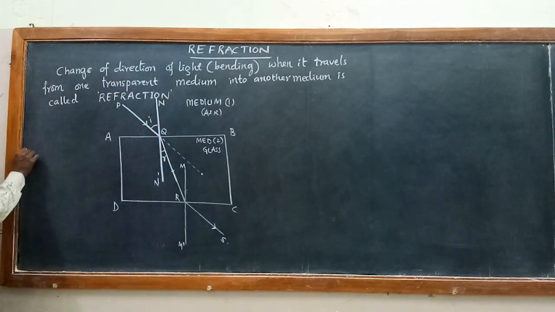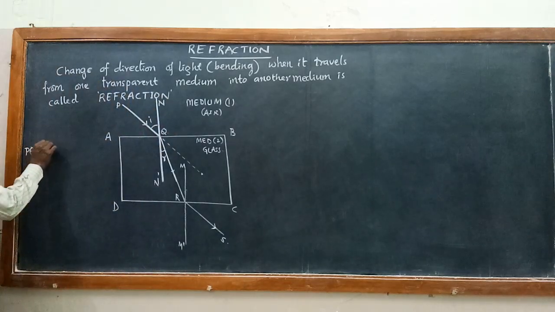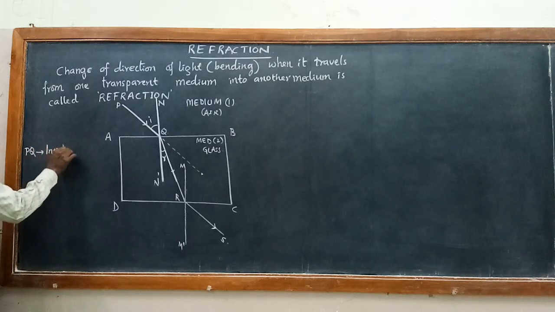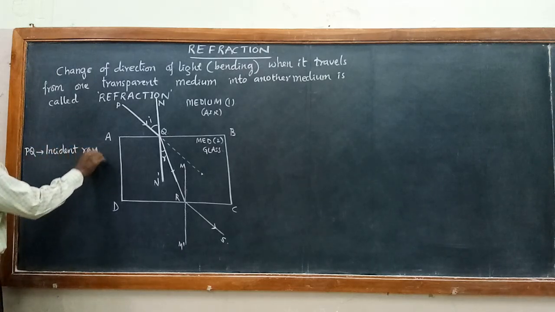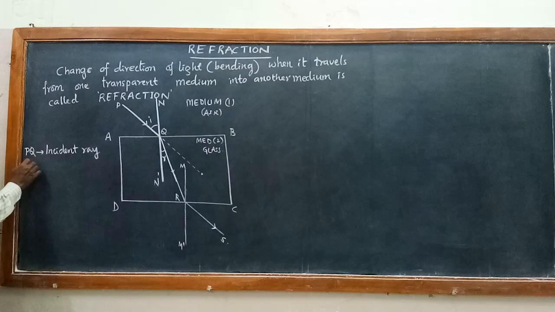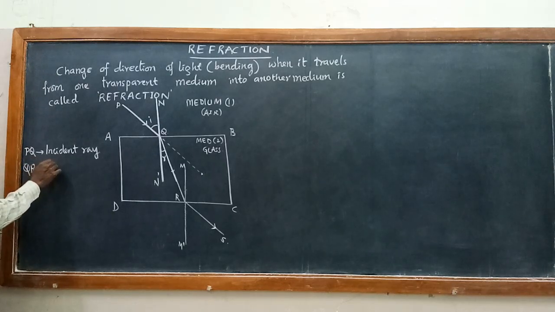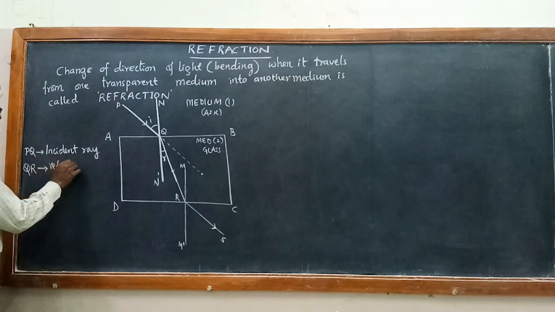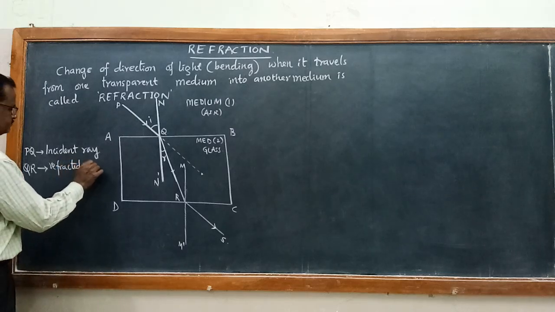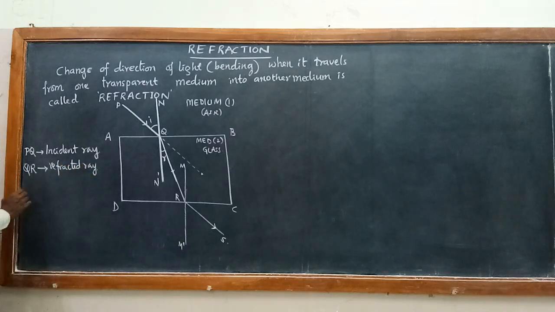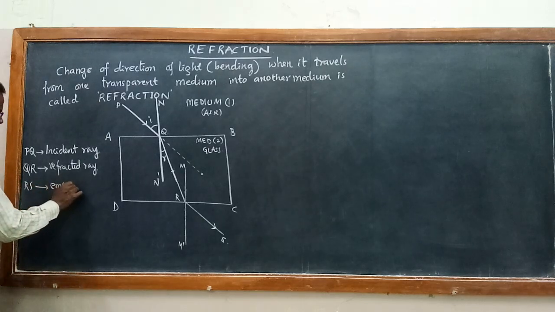So PQ is termed the incident ray, QR is the refracted ray, RS is termed the emergent ray.